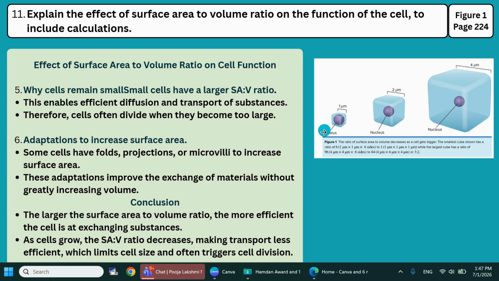Here this is a small cell, the nucleus, and as it grows, if you find the surface area to volume ratio, you will see that it keeps on decreasing. You may be asked to calculate, like they may give you a question asking the surface area to volume ratio of a cell with a given side. So you'll have to calculate it and then choose the option.